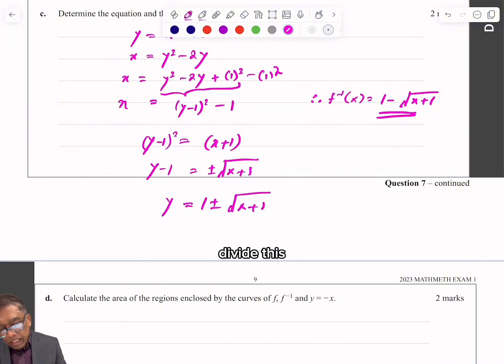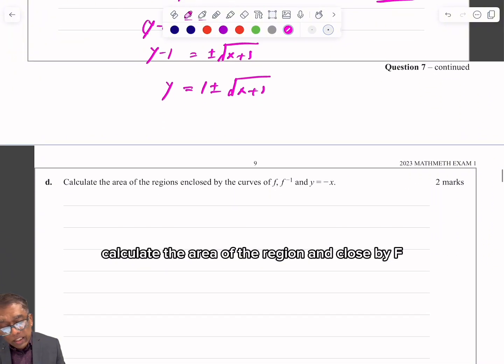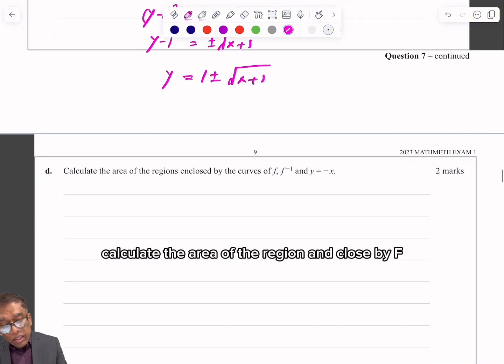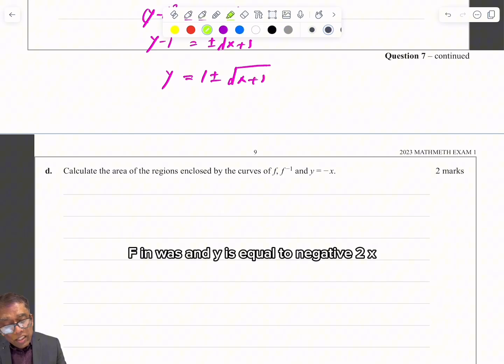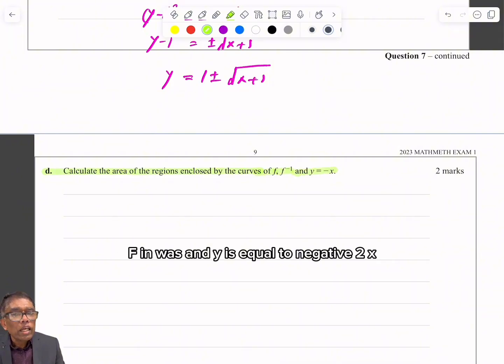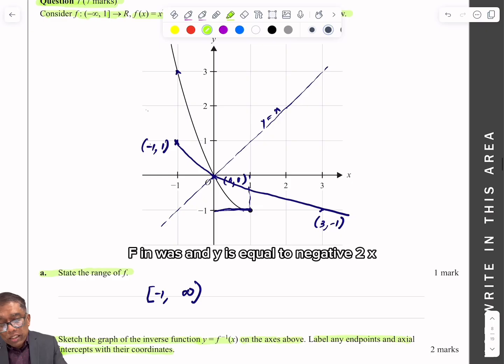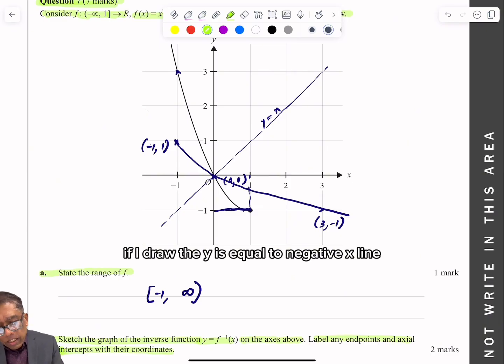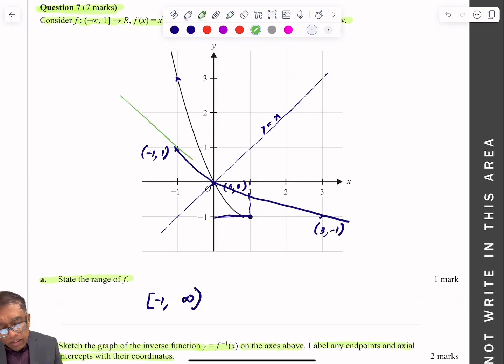Part D is to calculate the area of the region enclosed by f inverse and y equals -x. We are asked to find the region in between f inverse and y equals -x. If I draw the line y equals -x, it is like this.